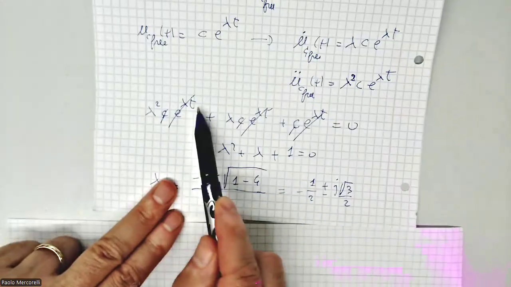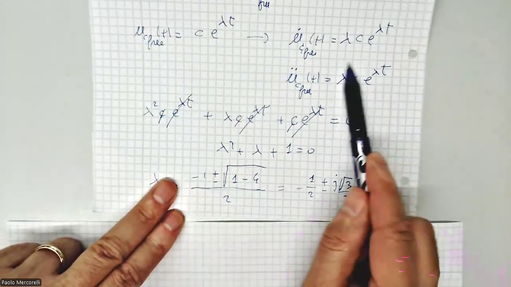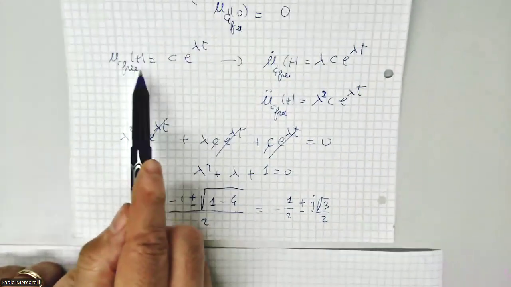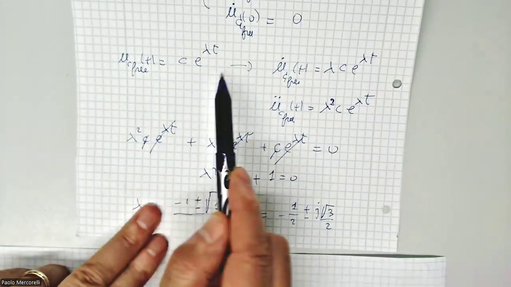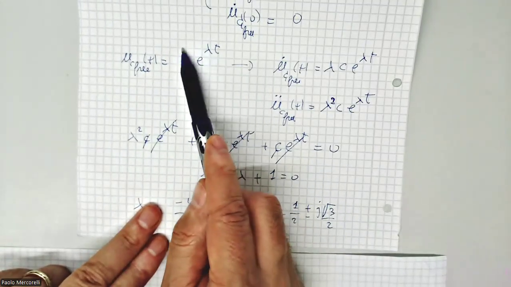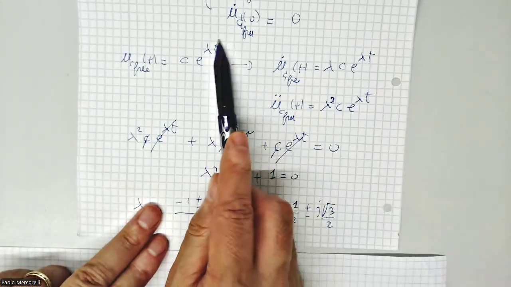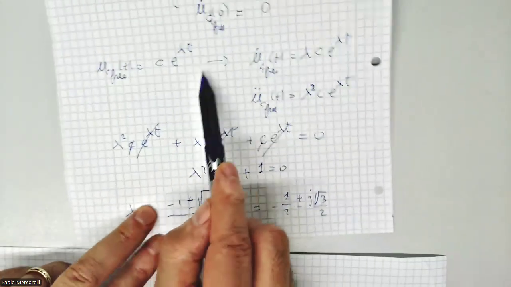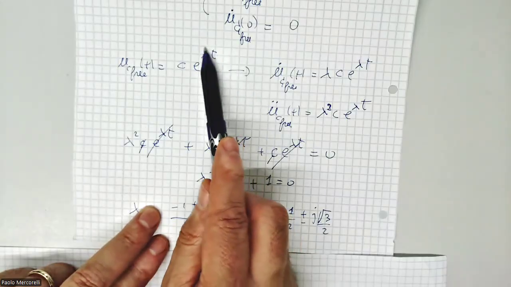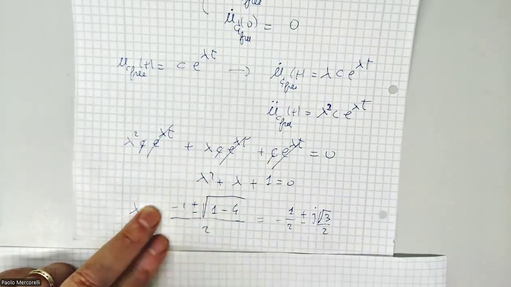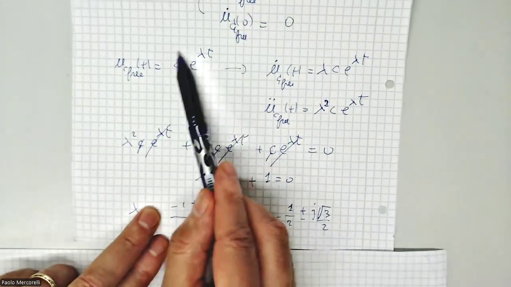Why that? Because we have here the second derivative, which is this one, assuming that u free consists of a function of this form, or more than one function of this form.